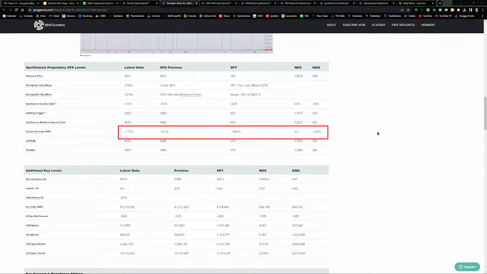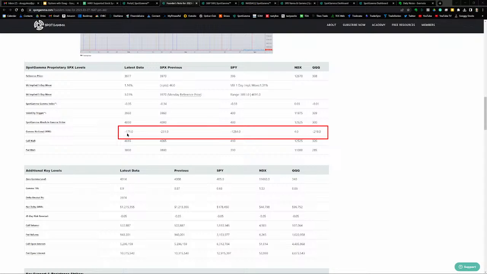All right, these levels did change from yesterday, and the picture is mixed. For the S&P 500, both the levels for SPX and SPY became less negative. Yesterday, SPX gamma notional was minus 231. Today it's minus 171, so a little bit less negative.